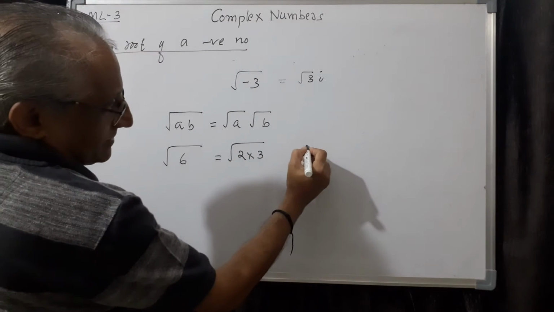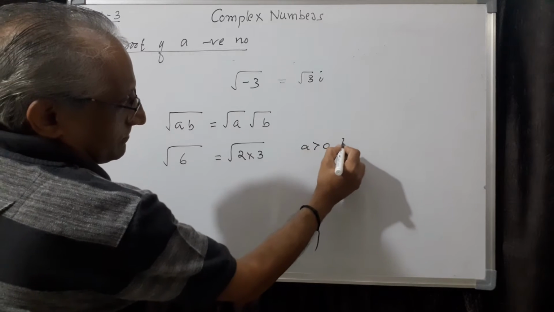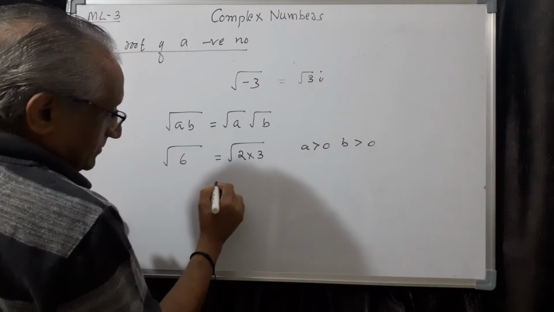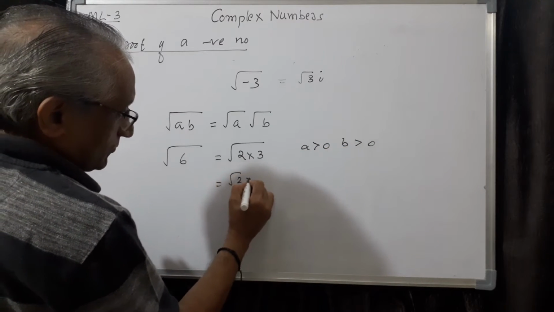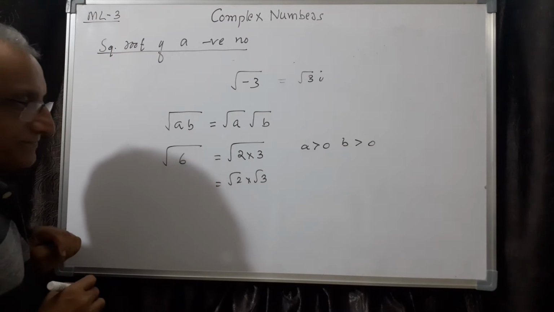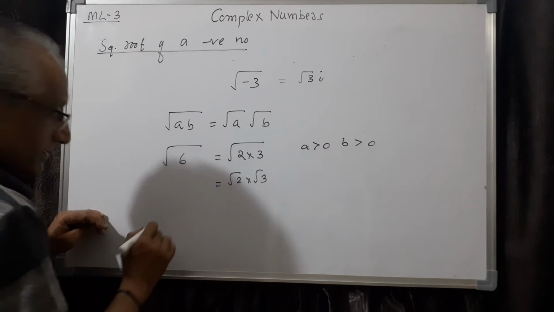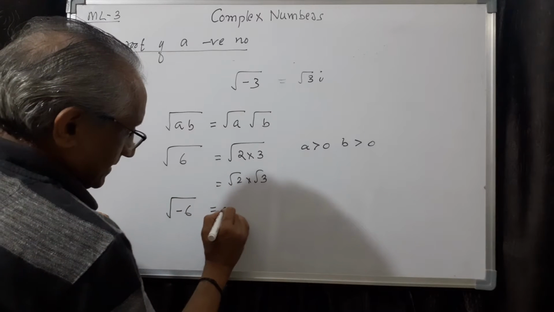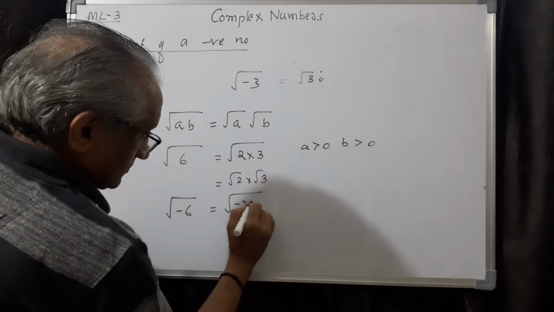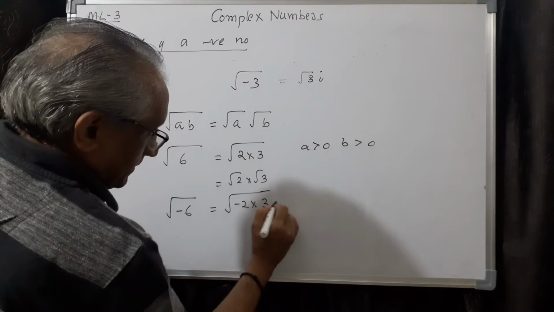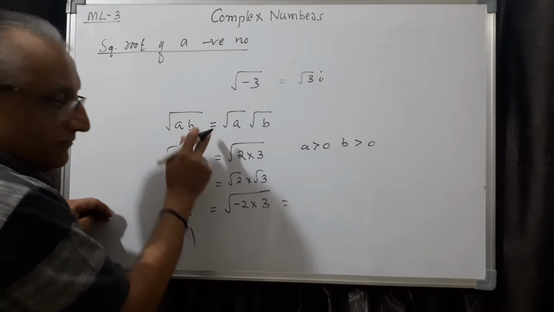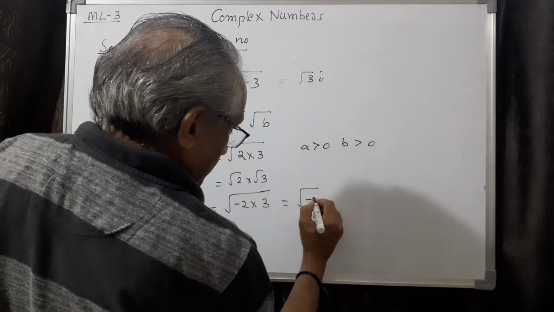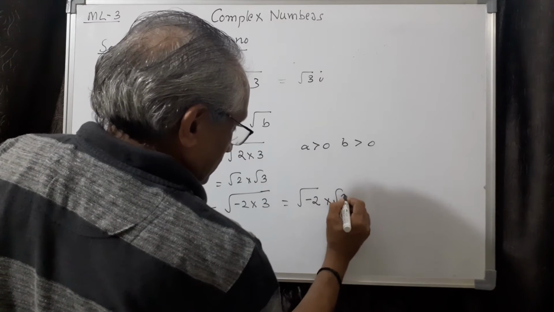Here the assumption is A is positive, B is positive. So definitely I can write root 2 into root 3. This is perfectly alright. Suppose I take minus 6. This I can write as square root of minus 2 into 3. Now also I can use the same law. It is square root of minus 2 into square root of 3.